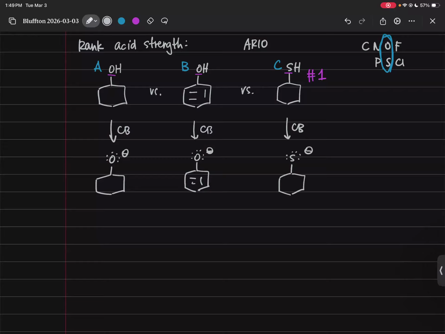Okay, for A, can we draw resonance structures of the conjugate base of A? So we move electrons from the lone pair down here, and then we have a problem, right? This carbon atom there already has an octet.